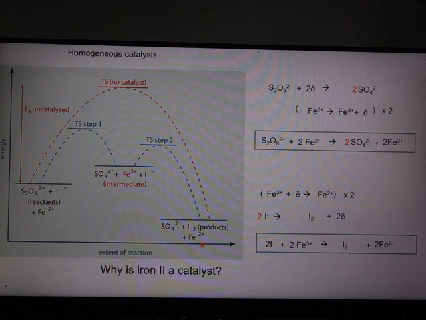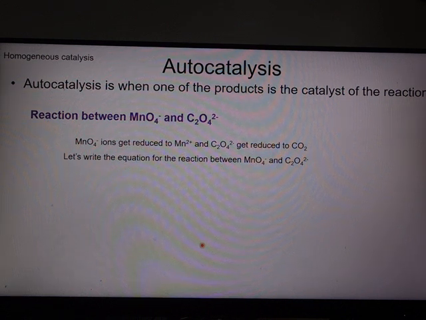Another example of homogeneous catalysis is autocatalysis. So the definition of autocatalysis is when one of the products is the catalyst of the reaction. Autocatalysis: the catalyst is a product of the chemical reaction.